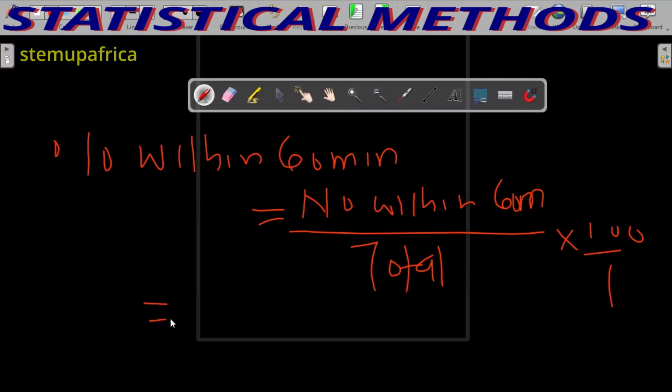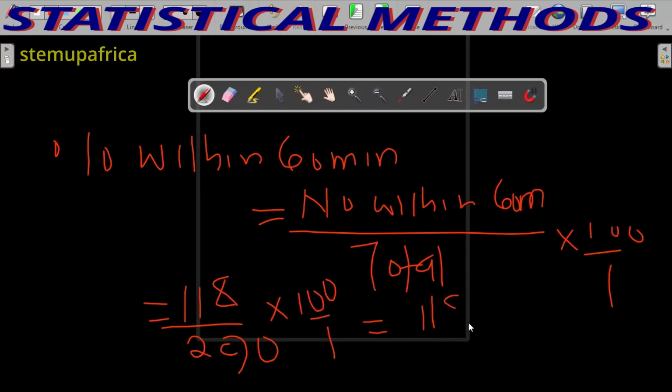So that will give us 118 over 290 times 100 over 1. If I multiply 118 by 100, we have 11800 divided by 290.